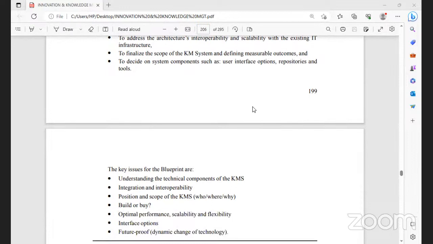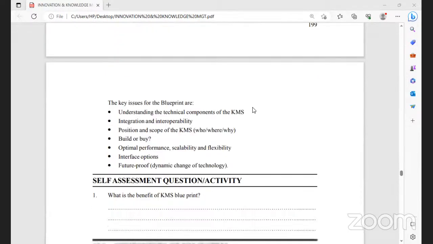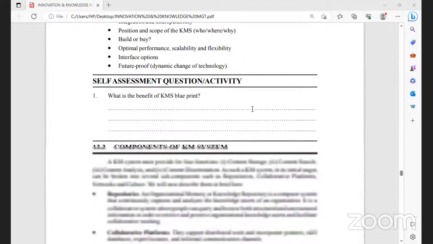The key issues for the blueprint are understanding the technical components of the knowledge management system, integration and interoperability, and position and scope of the knowledge management system.